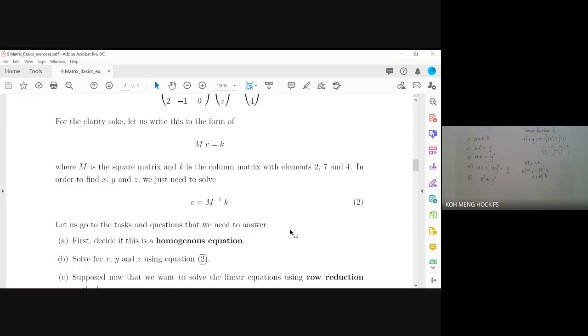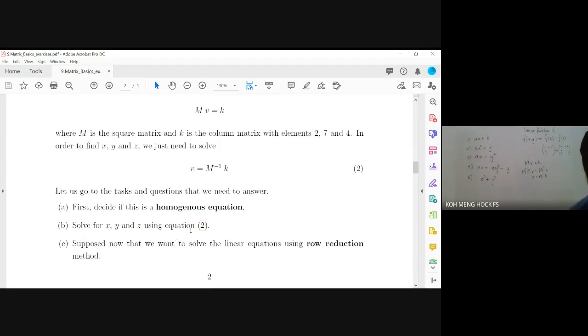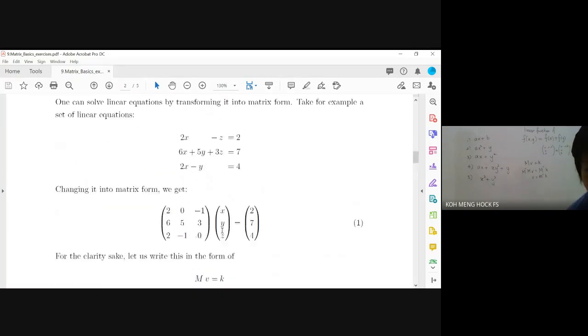Okay, now let's go to the questions. Here they ask you if this is a homogeneous equation. So is this a homogeneous equation? Yes or no?